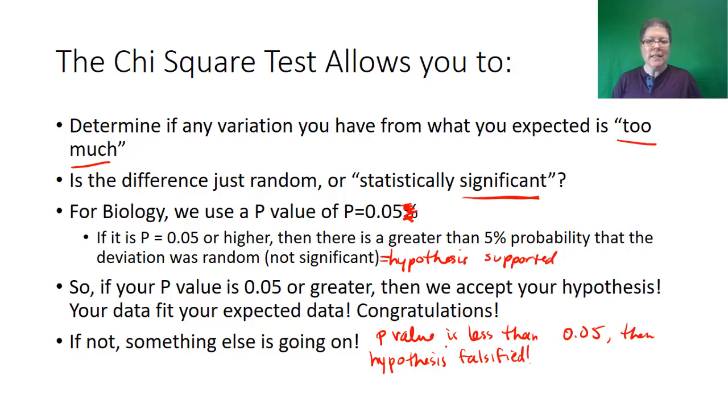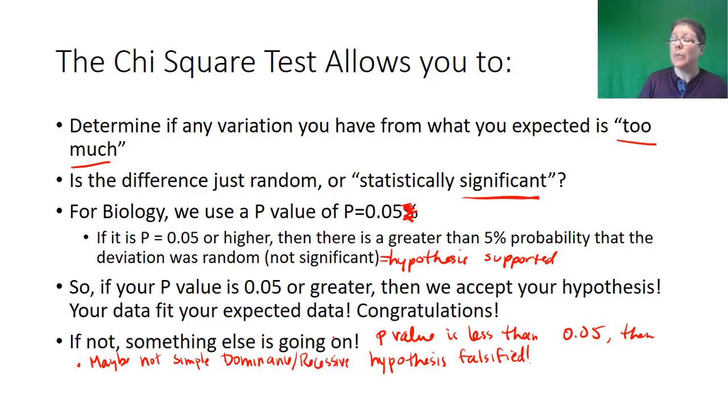All right, what that means is maybe it's not, so here are some examples. It's not simple dominance and recessive. So maybe it's incomplete dominance. Maybe it's codominance.